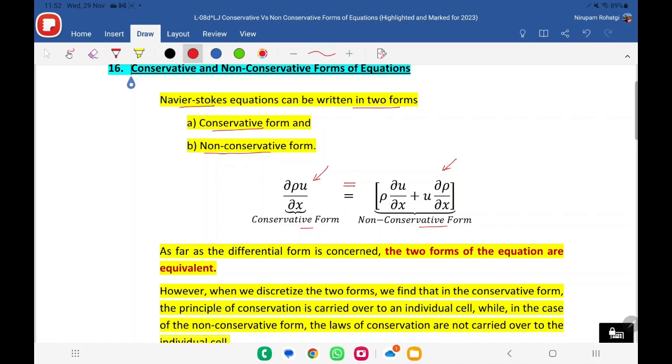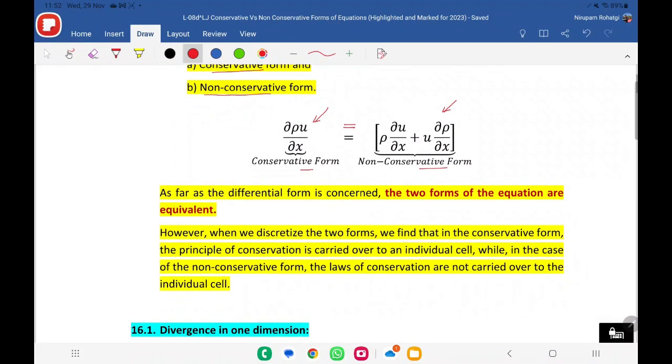Mathematically, they are exactly the same. There is no approximation. So, the differential equation used in both the cases is exactly the same. We have no problem with that. We are not violating the basic physics law or the basic equation. As far as differential form is concerned, the two forms of the equations are exactly the same.